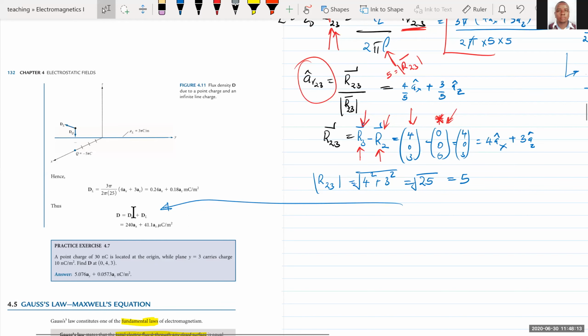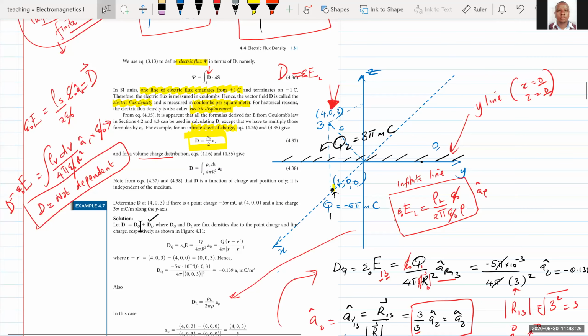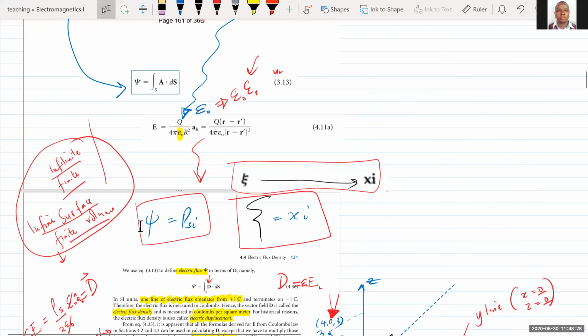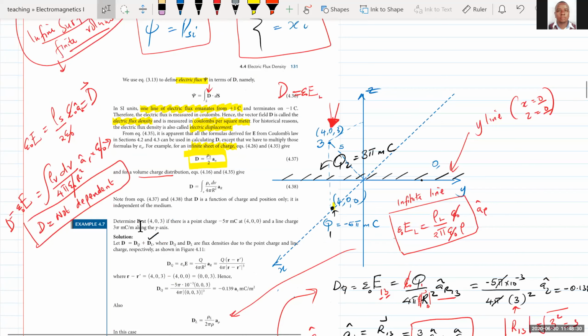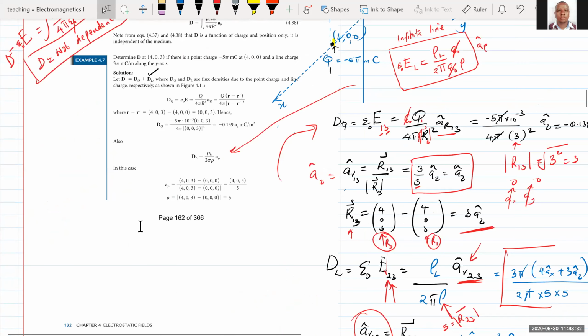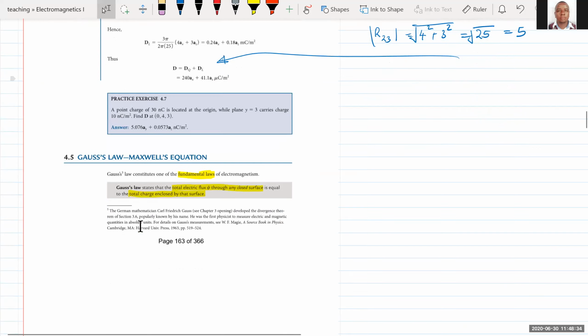So you add them and you get this final value at that point. So that serves as an example, so that you get to know the actual meaning or the significance of electric field strength, or the flux density, which is expressed as D.